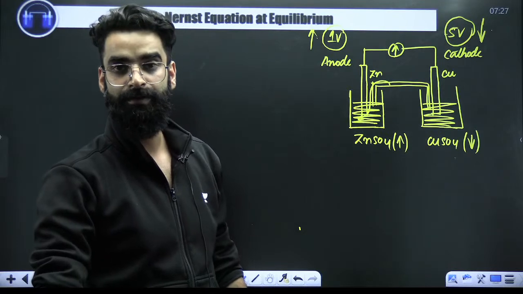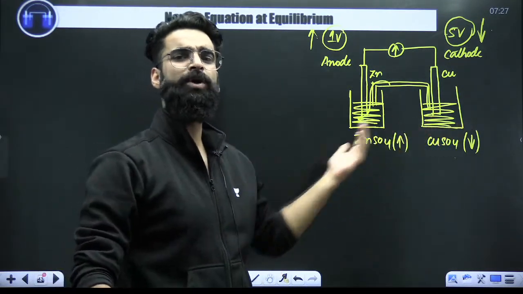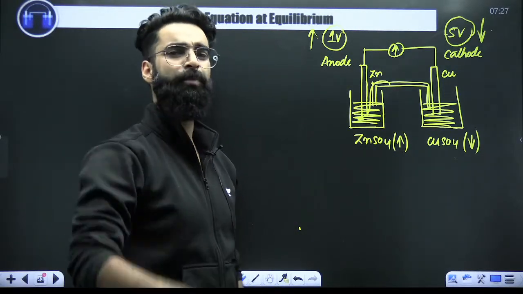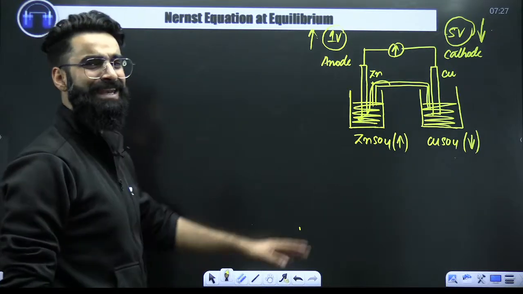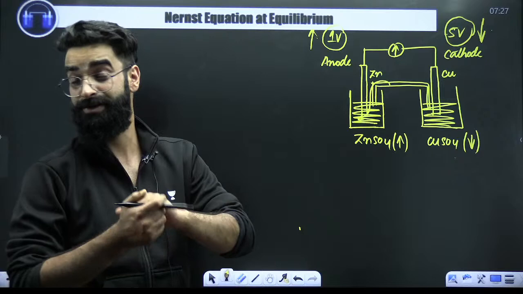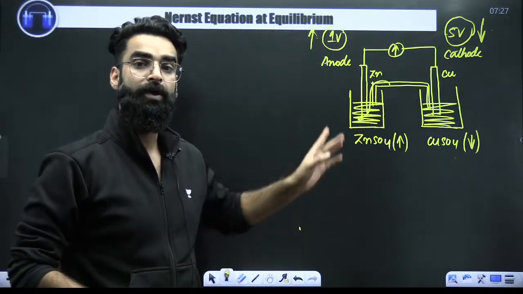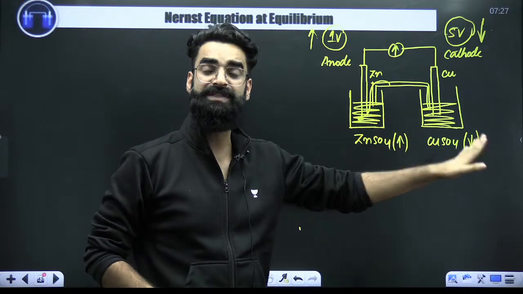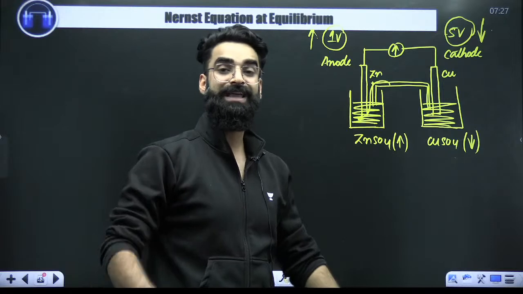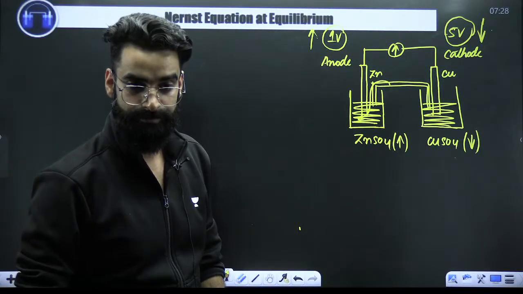Or in general, I'll say a stage will come at which the electrode potential of both the electrodes will be the same. At that point of time, will there be any potential difference between the electrodes? There will be no potential difference between the electrodes. And that particular stage in the cell where the potential difference becomes zero because of the same electrode potential of both the electrodes is something which you call the equilibrium stage.